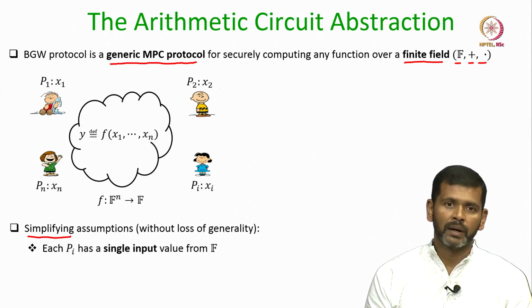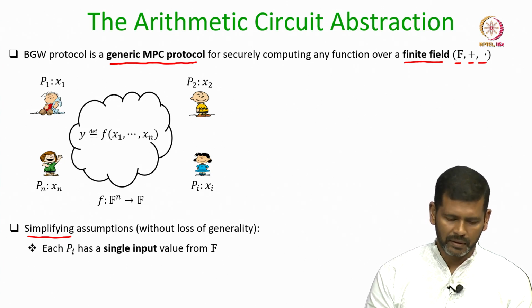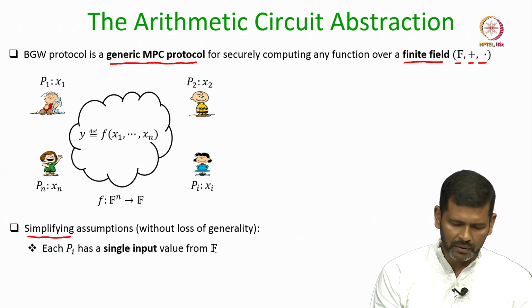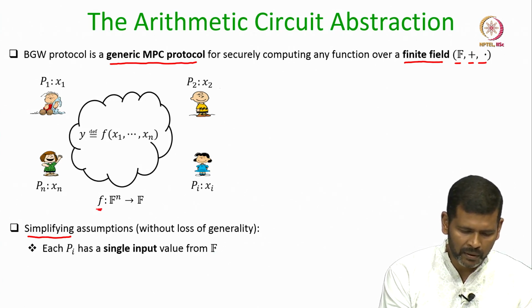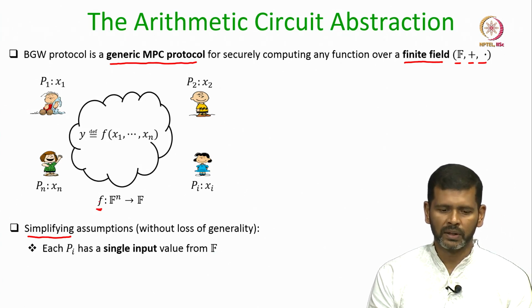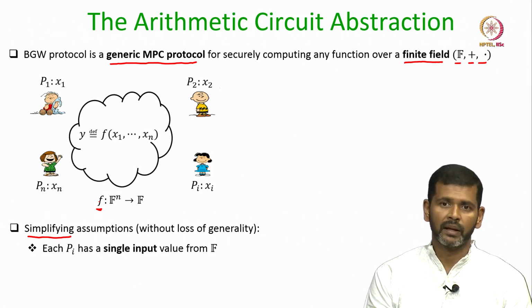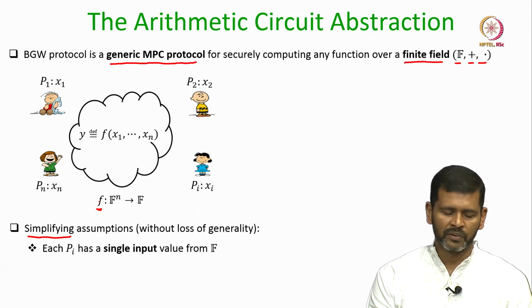First, every party has a single input for the function. So, we assume that the function f, small f, which the parties want to securely compute is an n-ary function, namely it takes n inputs, one input is going to be provided by each party.